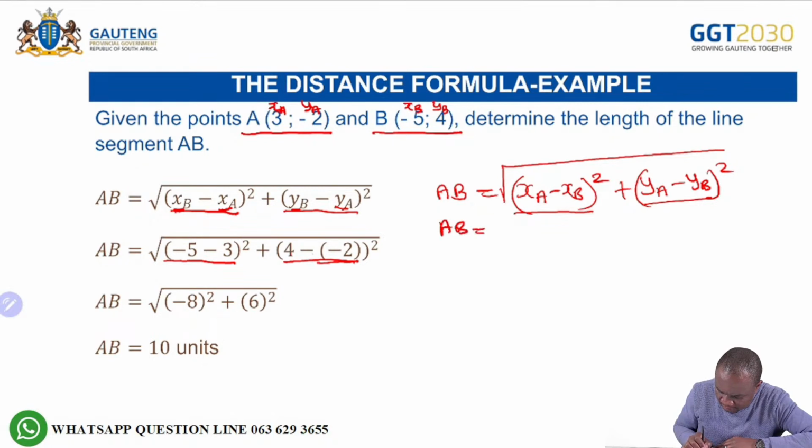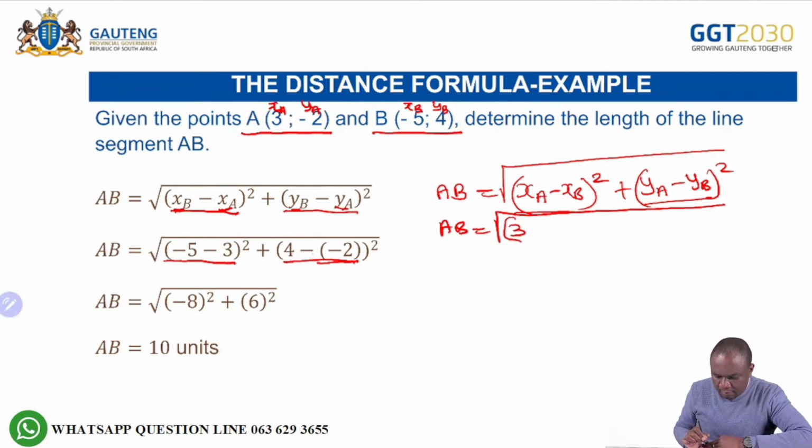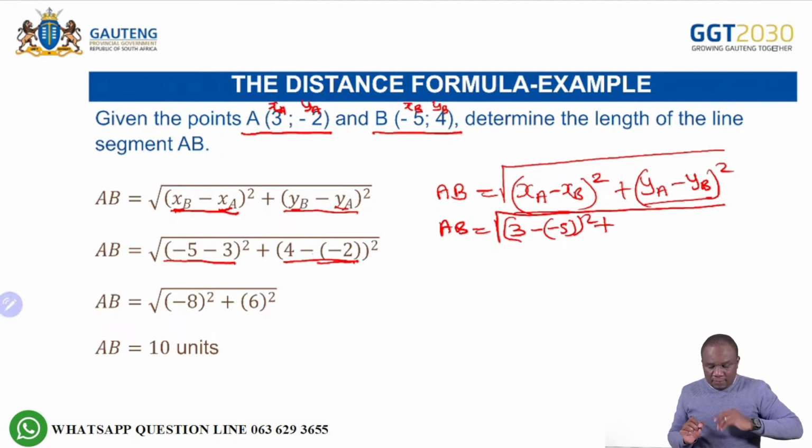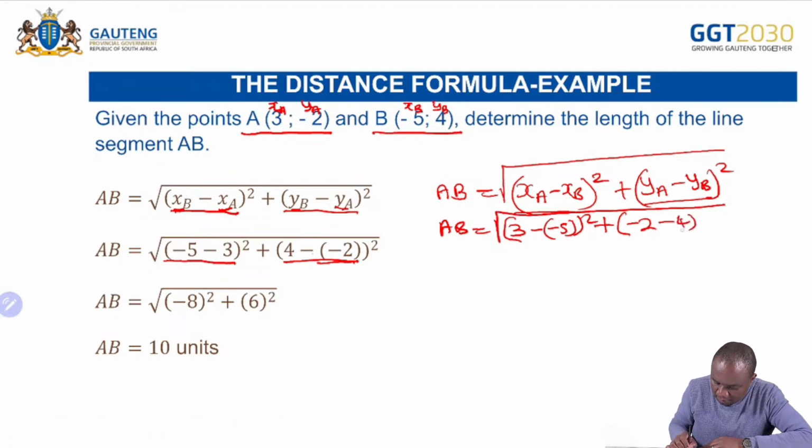AB is equal to, and then xa is 3 minus xb, so it's minus negative 5, then plus, Pythagoras theorem, plus, because there's a mistake, some people use minus here, okay? It's plus, should be plus. Remember that from the Pythagoras theorem. And then ya is negative 2, and then yb is negative 4, okay?